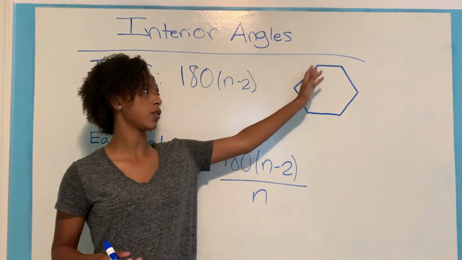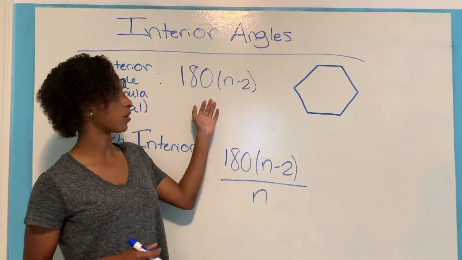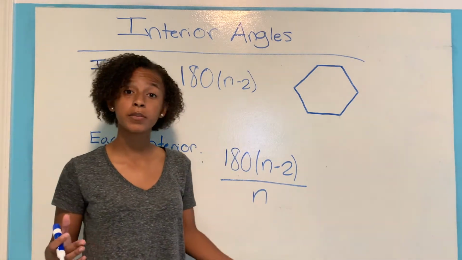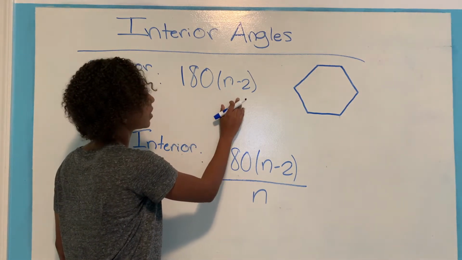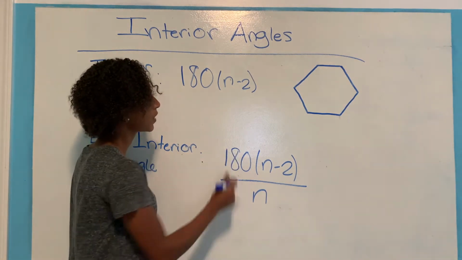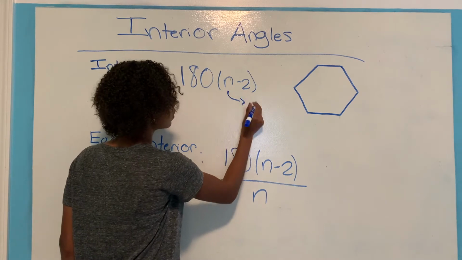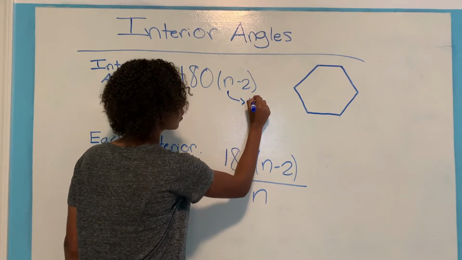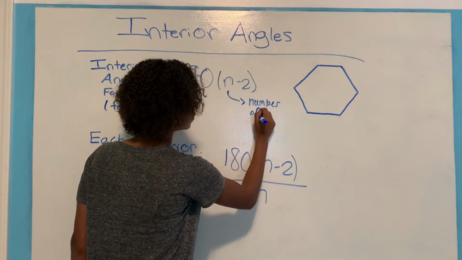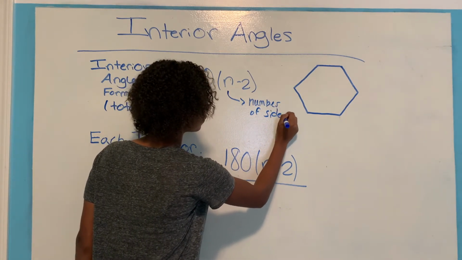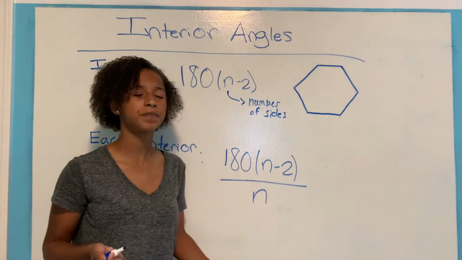If you added all of those angles together, that's what this formula will help you with. All right, so let's break it down. It's going to be 180 times n minus 2. And in this case, n is just the number of sides in the polygon, right?